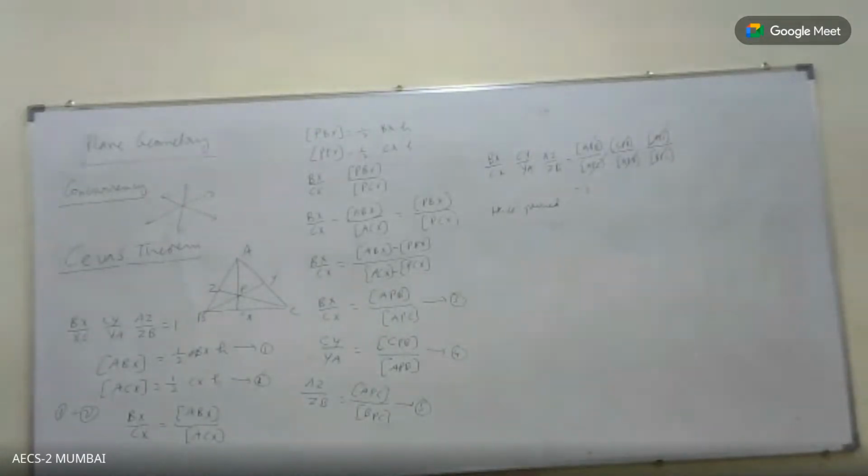Sir, if we change the point P, the property might be changed. But sir, I can see that the property of area is... Good. That is one way of understanding that.